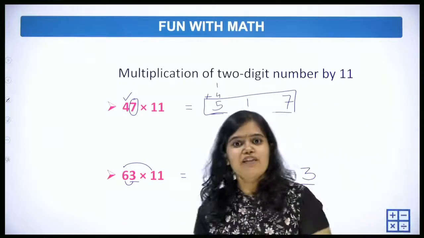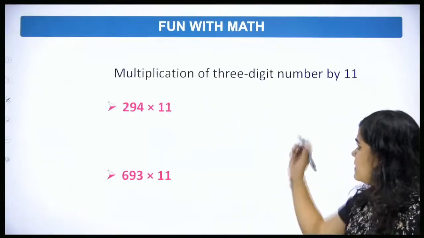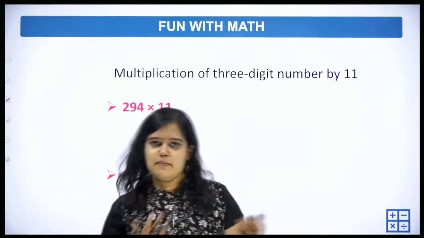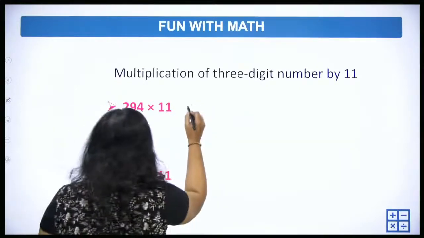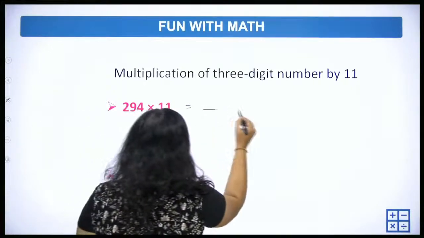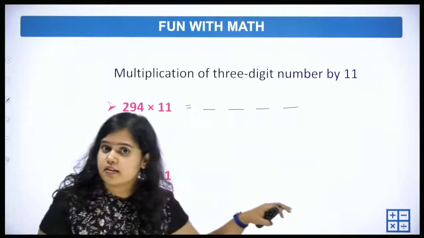Now let's look at how to multiply 3-digit numbers with 11. Multiplication of 3-digit numbers also follows a similar pattern as 2-digit numbers. Let's see. We have 294. Now on multiplication we get a 4-digit number. Clear?